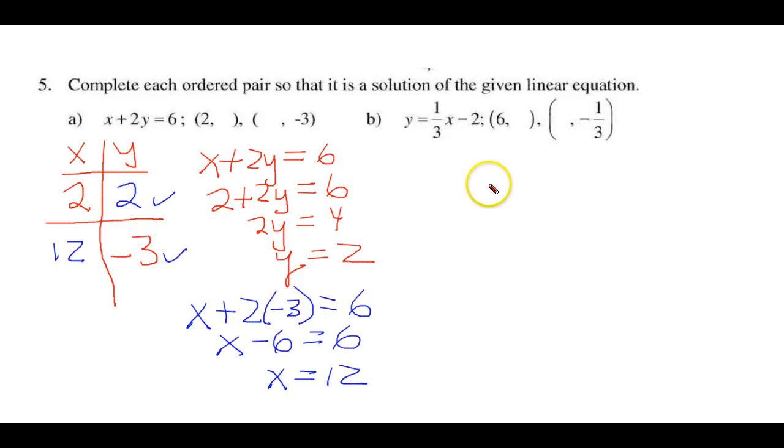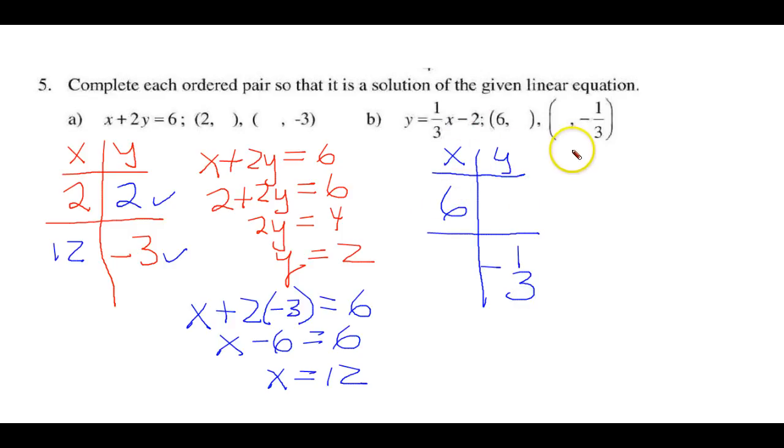So the same technique here, where we're going to put a little T-chart and our values in there. And we have here a 6 first, and here a -1/3. So if x is a 6, we just put the little equation here, y equals 1/3 times 6 minus 2.